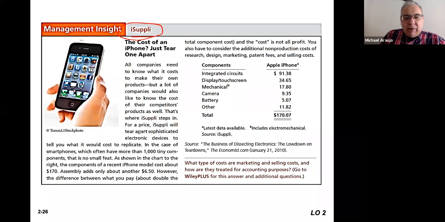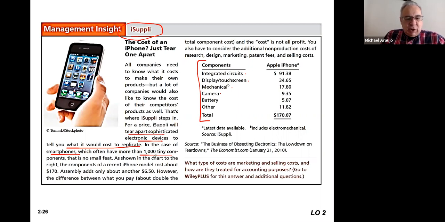iSupply basically will tear apart an electronic device and tell you what it would cost to replicate it. In this case, they took a smartphone that had over 1,000 different components in it. In this chart, they have broken down the components that they were able to take apart in this iPhone, allocate them accordingly, and provide the cost data.